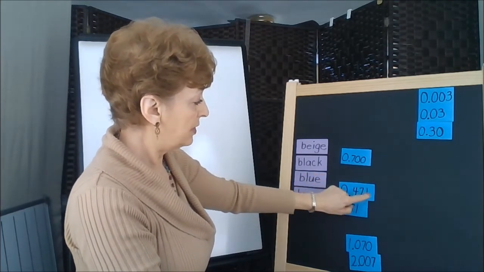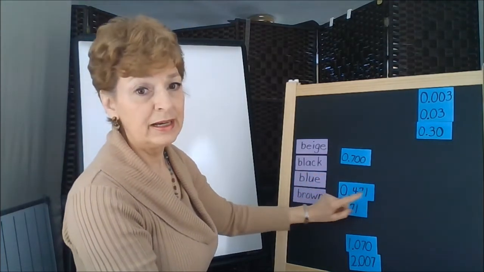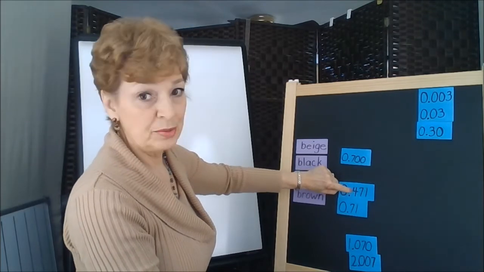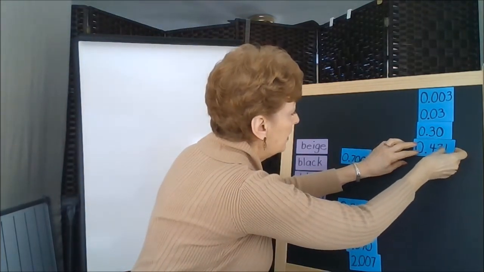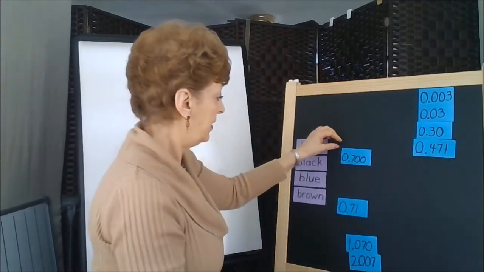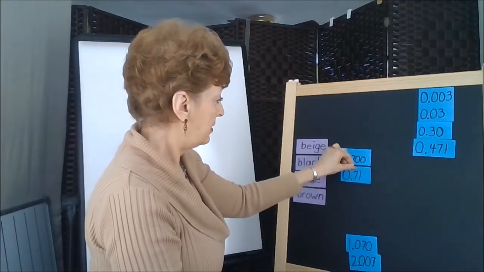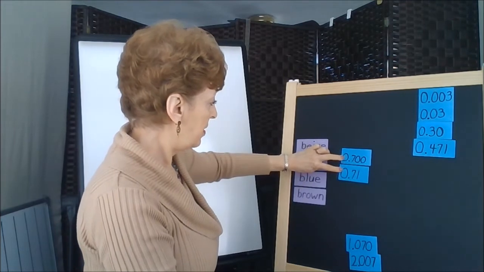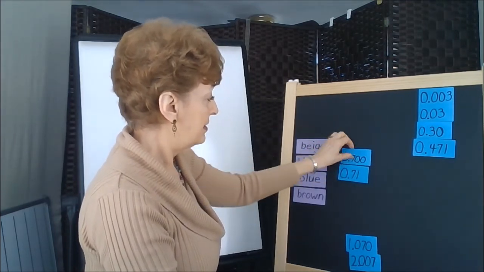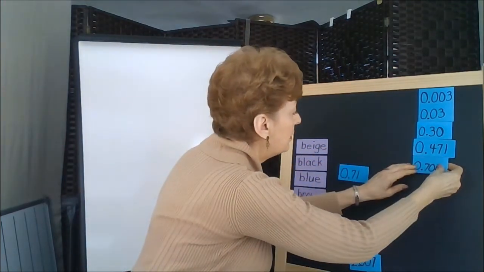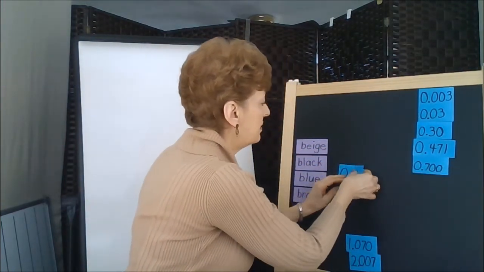Even though this number appears to be longer, it has to do with the place value. So we're going to line up our 0, 4. Now we have two 7s, two zeros, two 7s, a 0, and a 1. 0 comes before 1. We'll place these two cards.